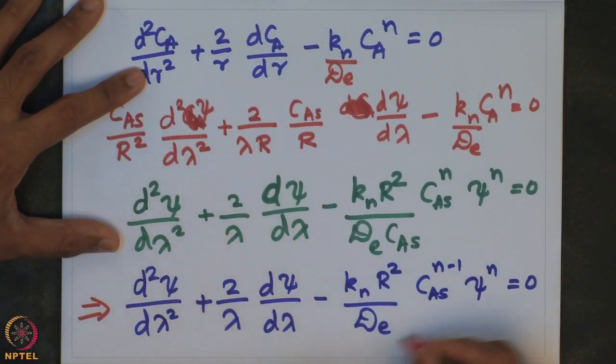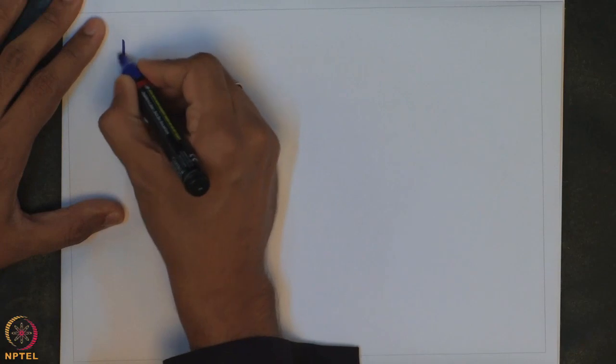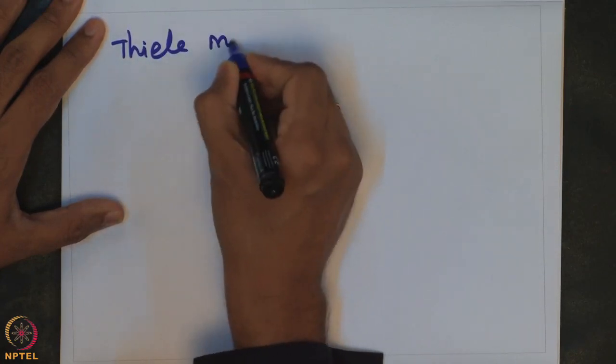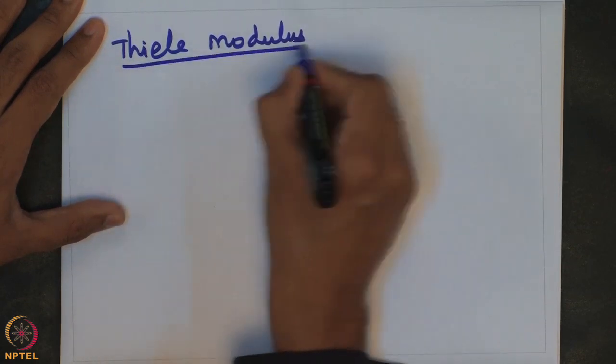So now if you stare at this expression here, in the model equation in the dimensionless form, we have Kn R square by dE and Cas to the power of n minus 1. So now let us see what this coefficient actually means. The coefficient in front of the psi n term, which is the rate term here, is essentially called the Thiele modulus, square of the Thiele modulus.